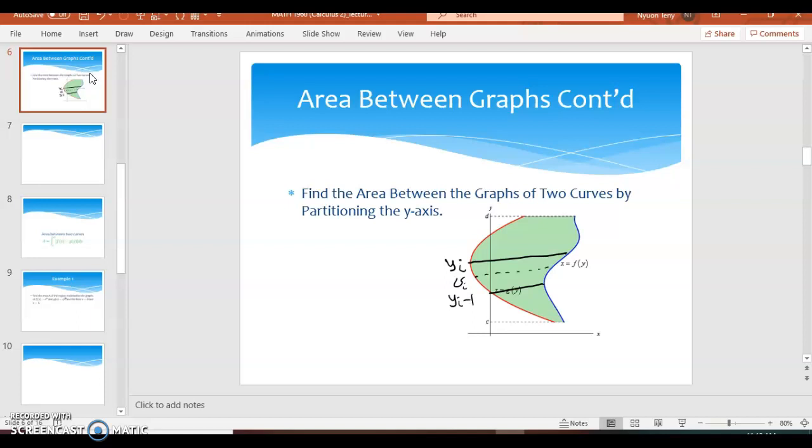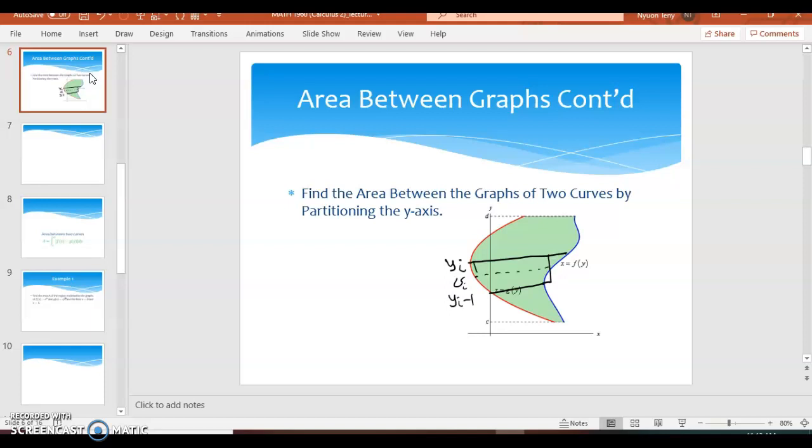Now in order to find the area between these two curves, we want to approximate this area by finding rectangles.